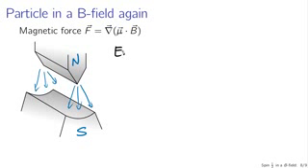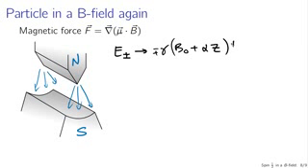And what that potential will do to particles with spin either up or down, which I'll write now as plus or minus, is it's going to change it from, instead of just being gamma b0, to minus or plus gamma b0 plus some alpha z. So instead of just having an energy associated with the magnetic field, we're now going to have an energy associated with the gradient of the magnetic field as encoded by this alpha parameter.